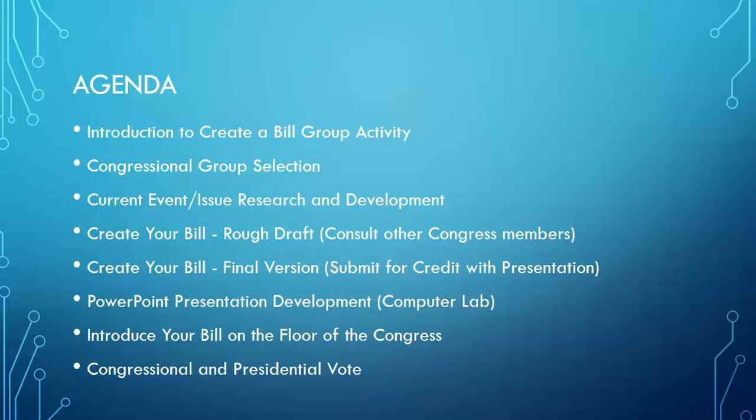They could utilize their current event that was done during the Bill of Rights Lesson 6 through 10 computer lab assignment. They were then required to create their bill based off of their research. I provided them with a worksheet that guided them through the bill creation process: sections 1, 2, 3, subsection 1A, and so on and so forth.